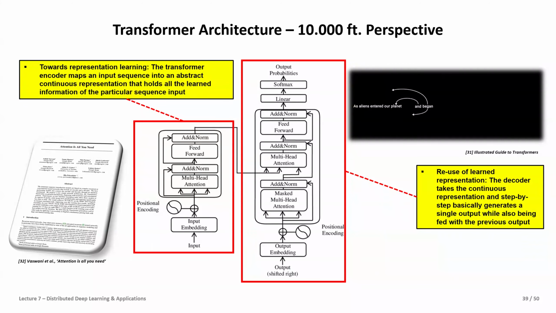Again, think about it like we had in the convolutional network. We said that deep learning is learning not only from the data itself, but also features in the data.